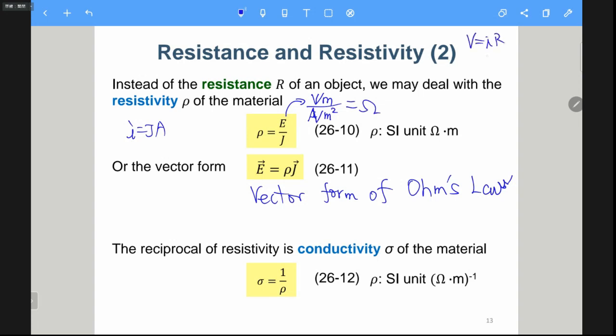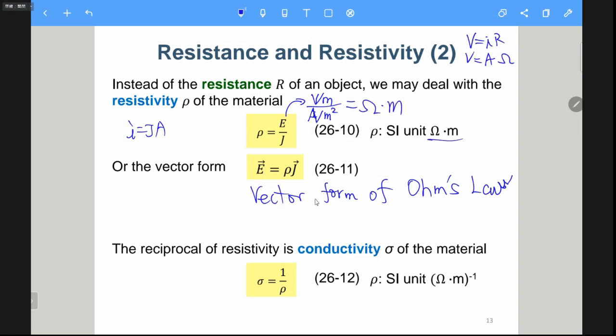So meter and meter squared cancel and it becomes meter. So we have this one.